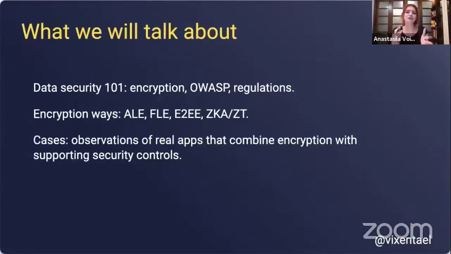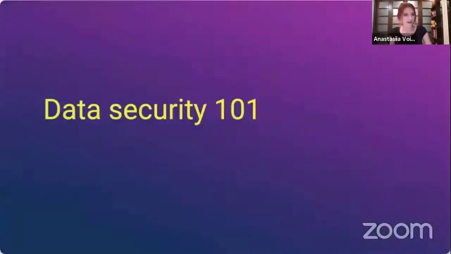And I will show you several real-world examples, several observations I made where companies integrated encryption and security together with other security controls for data encryption. So I hope you're ready to continue, finish your day with a data security talk.